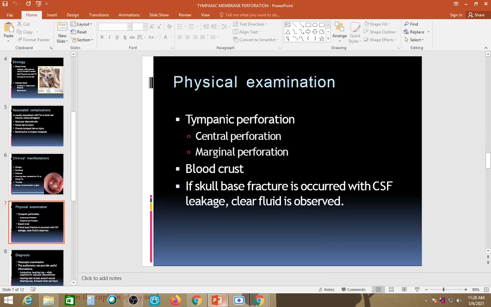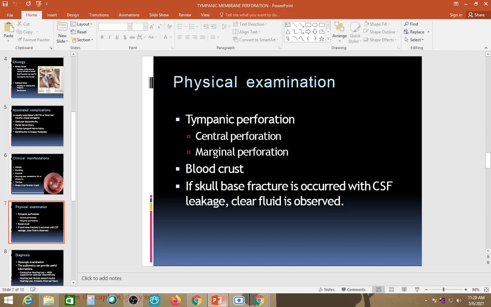Then the physical examination. Under the physical examination, we can examine the tympanic perforation, how it is perforated, central perforation or marginal perforation. Then blood crust, that is clots, may be present inside the ear, or if a skull base fracture is occurring with CSF leakage, clear fluid is observed.